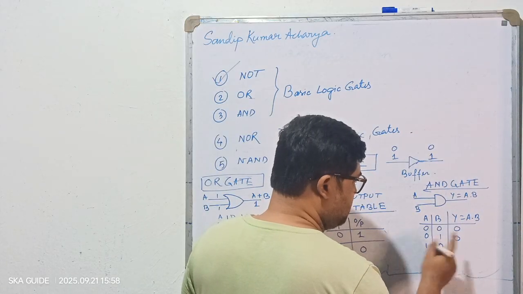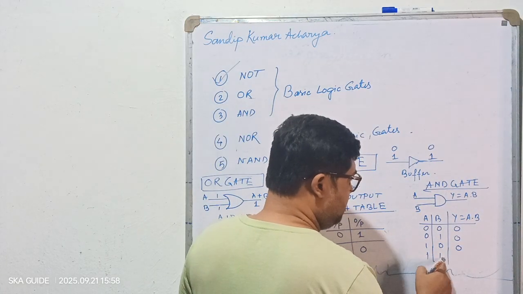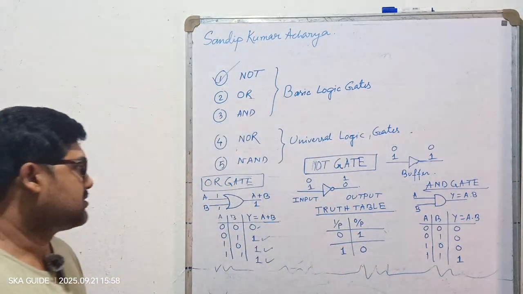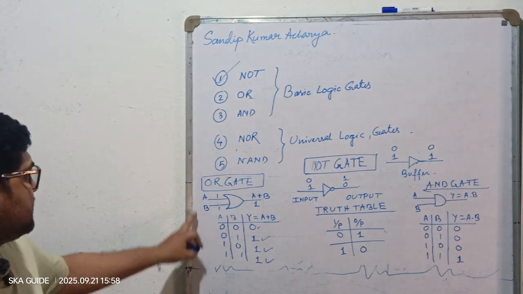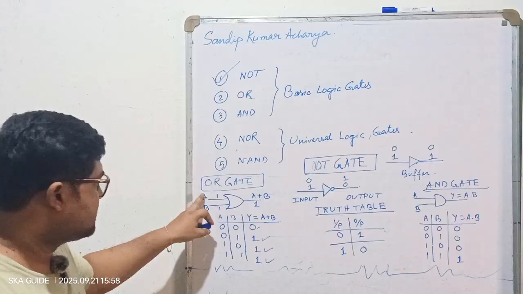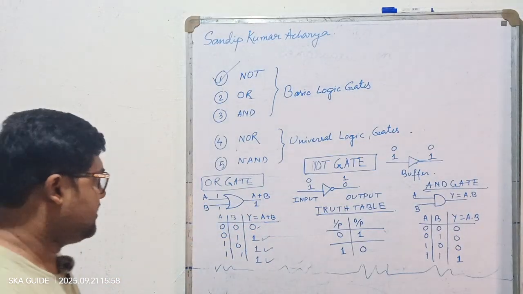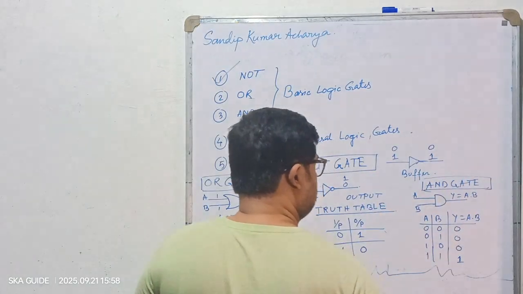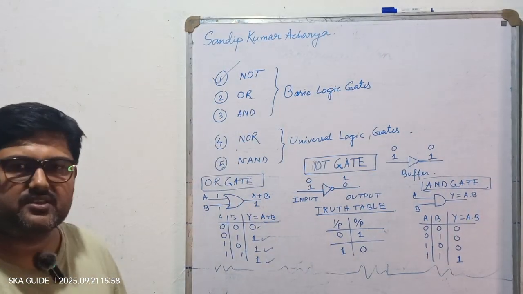Again 1 into 0, it will be 0. 1 into 1 only gives you output 1. So this is the truth table for AND gate. So I think up to this it is very much clear.